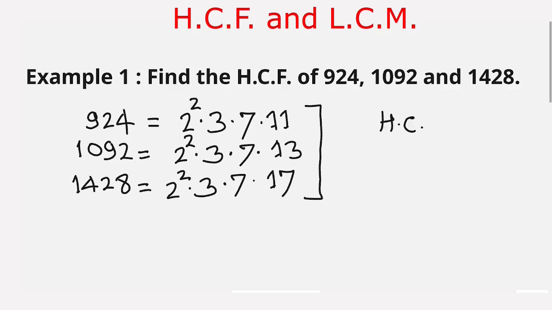So we write HCF equal to 2 to the power 2 multiplied by 3 multiplied by 7, and the value of 2 to the power 2 is 4, multiplied by 3 is 12, and 12 times 7 is 84. Therefore the HCF of 924, 1092 and 1428 is 84. I hope you have understood how to find the HCF by factorization method.